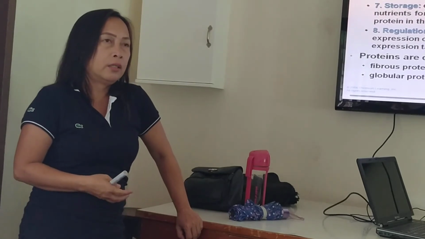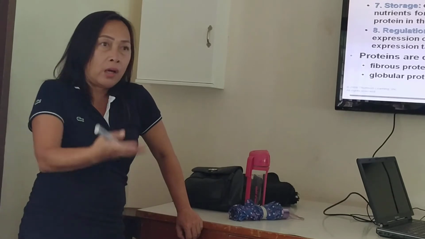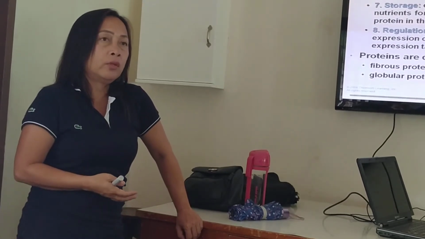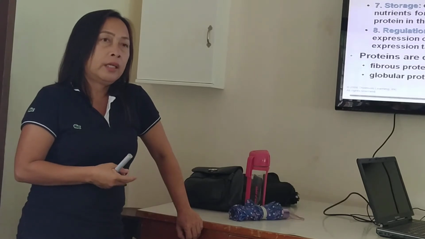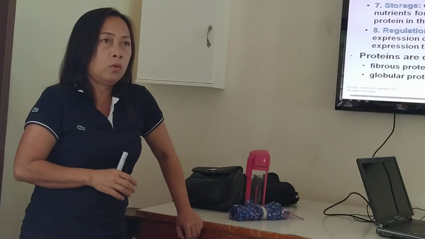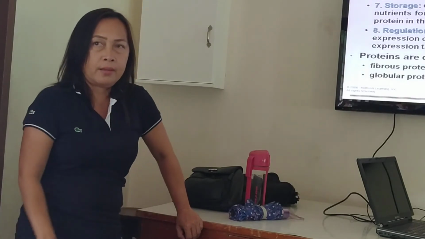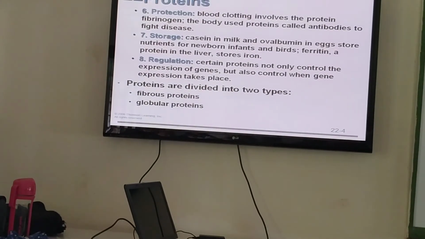The water gets out, so there is no control anymore of water that will get out of the cell, and the cells will shrink, and of course the water would go to the plasma. So that's what happens. And albumin is protein.